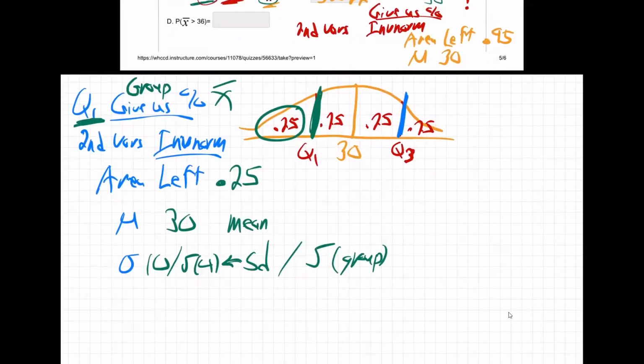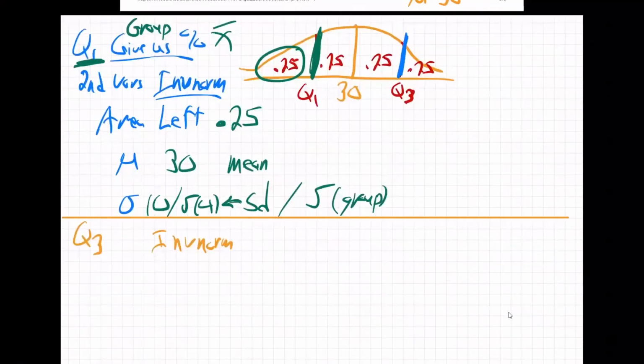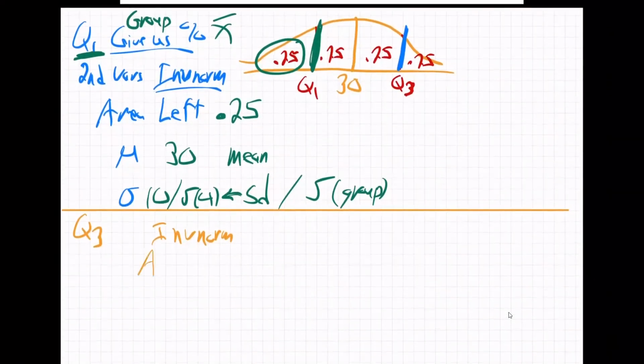And then for Q3, it's almost the same thing. So for Q3, coming on down, it's going to still be inverse norm, area to the left, mu and sigma.